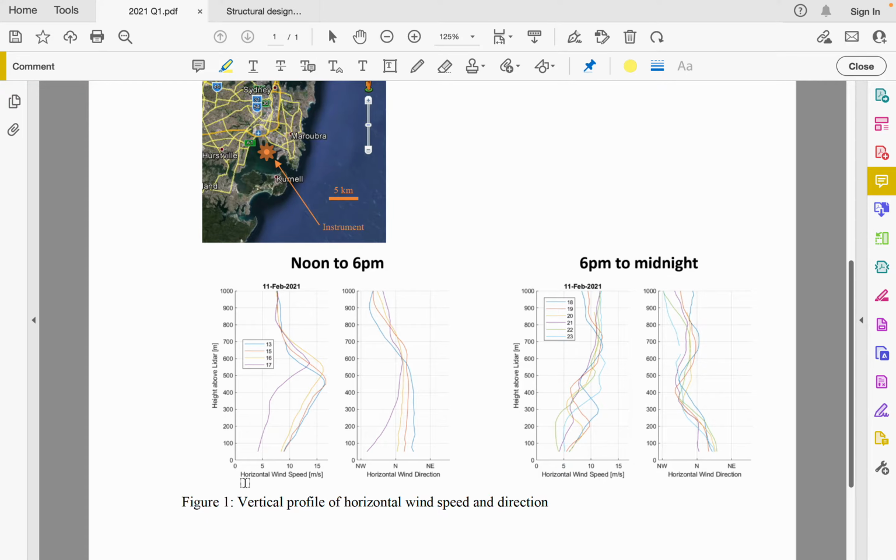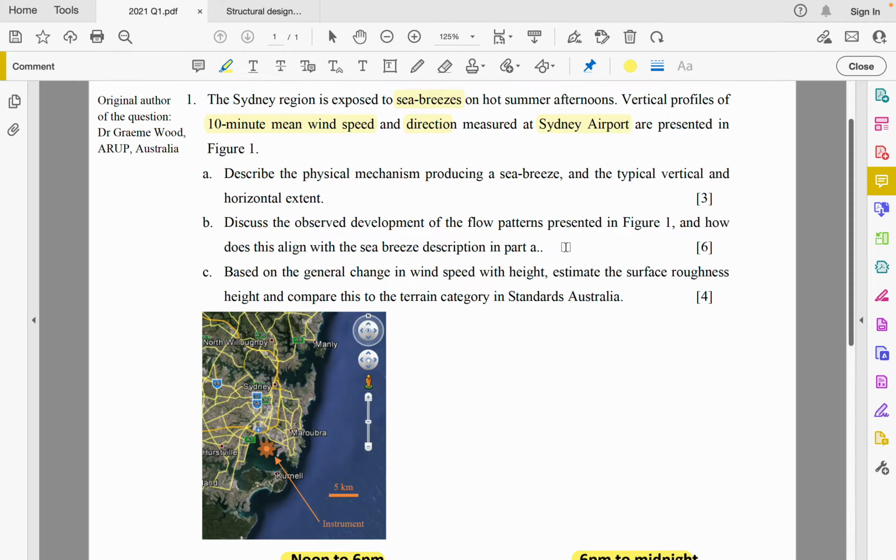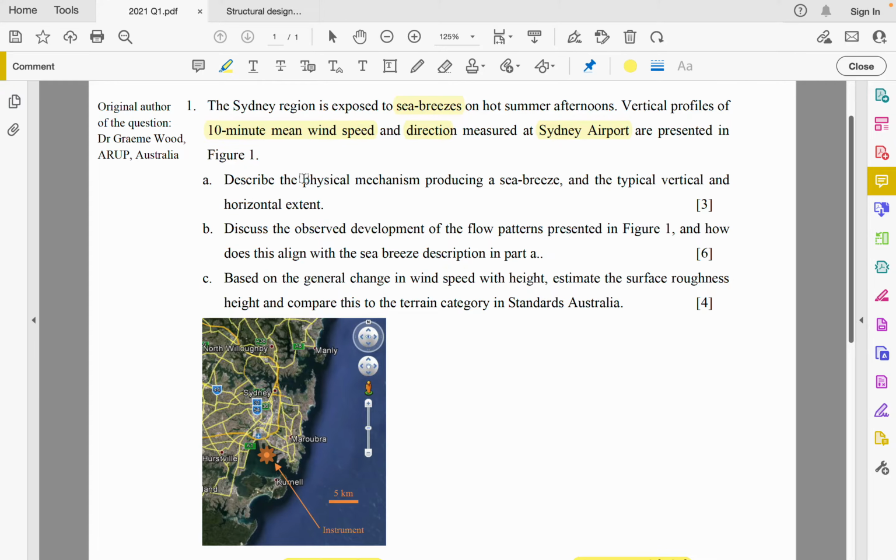And this is the horizontal wind speed, respective to height. And this is the wind direction. And we can see that the wind speed swings a little bit and the wind direction changes as well. So this is noon to 6 p.m. and this is 6 p.m. to midnight.